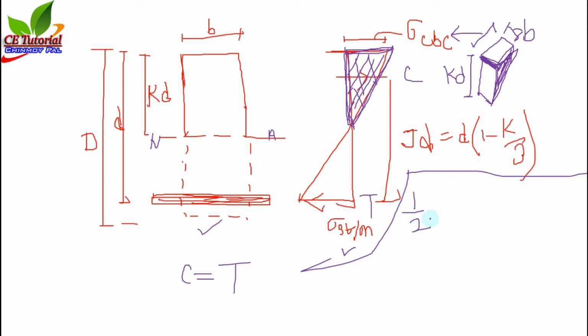So half sigma CBC into KD, this is the area, multiplied by B. That means the total volume of this three-dimensional figure.